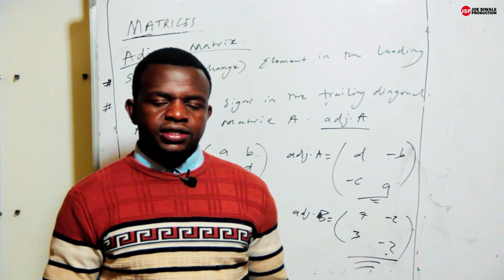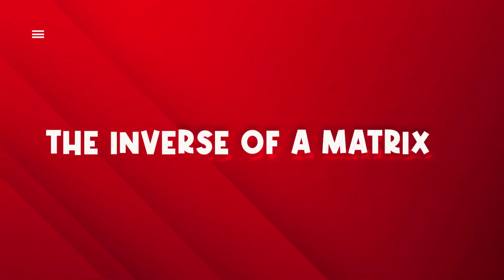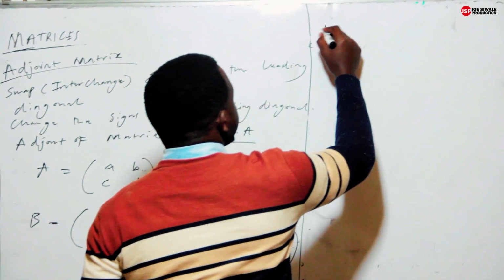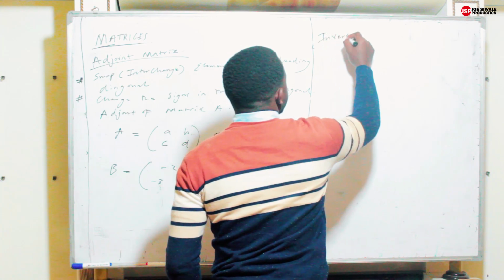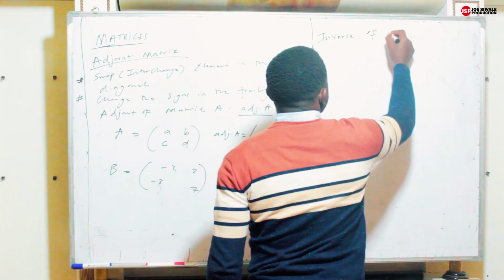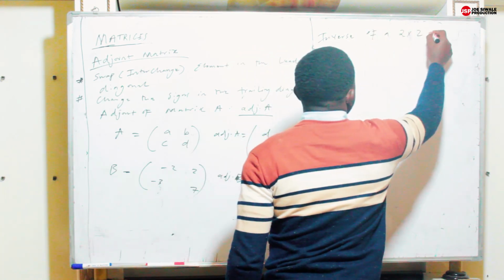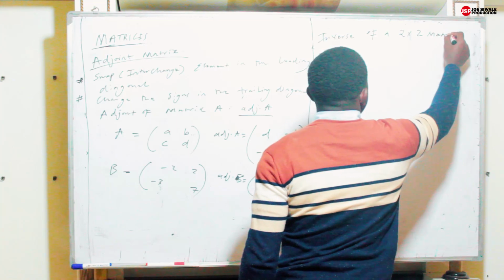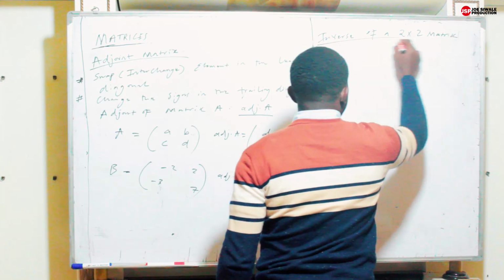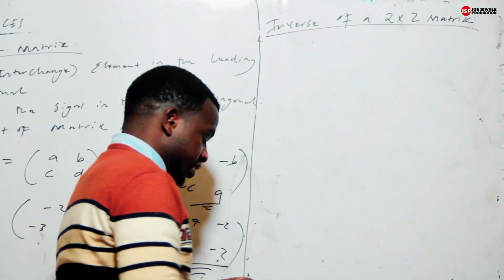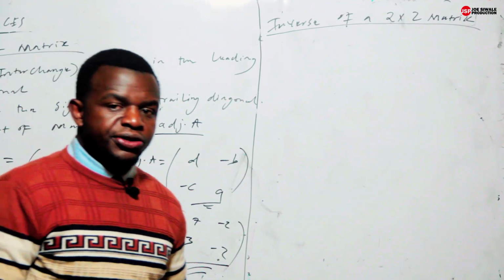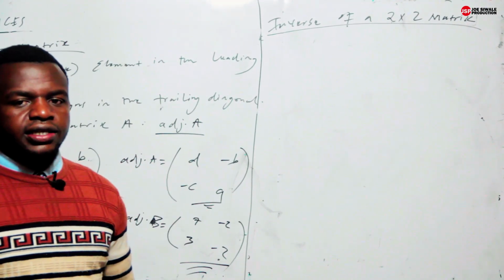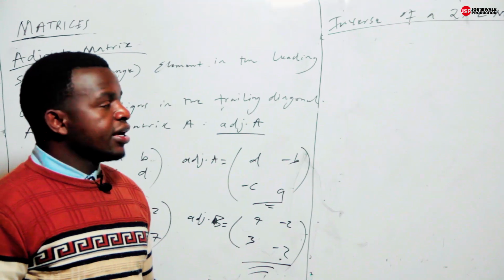Let us now look at how we can find the inverse of a 2 by 2 matrix. Before we find the inverse of a 2 by 2 matrix, let us understand the concept of inverse.